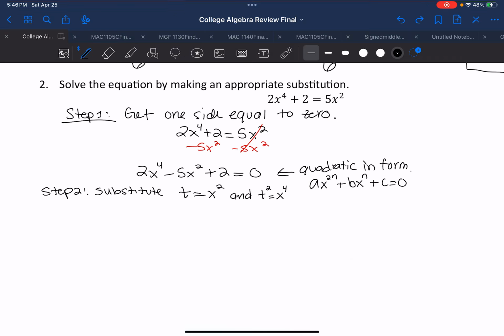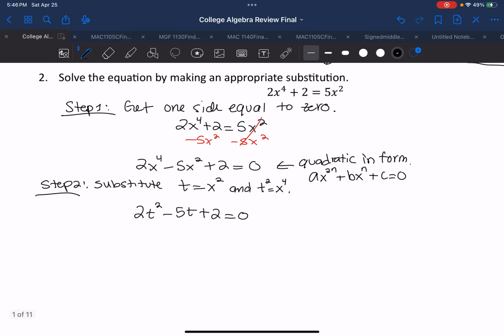So I need to substitute both of these into that equation. So this will become 2t squared minus 5t plus 2 equals 0.